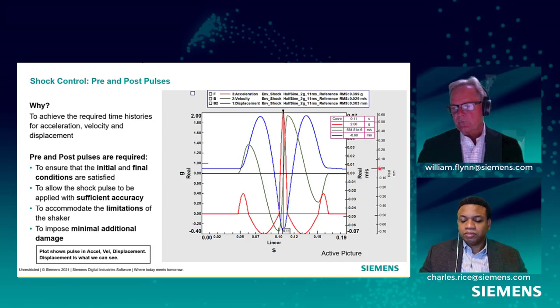So you use that post-pulse to bring it down to zero. And then you use the post-pulse to bring your velocity down to zero too. You don't want to have any residual responses there in displacement or velocity or acceleration. So you can utilize your pre and post pulses that way too.